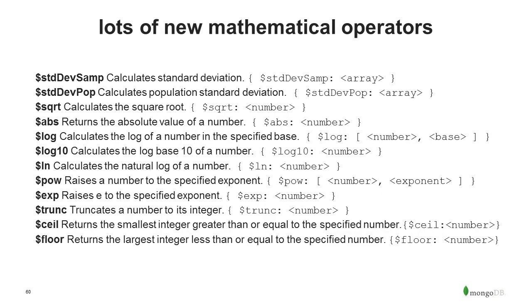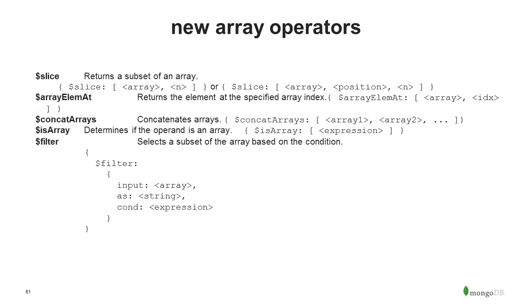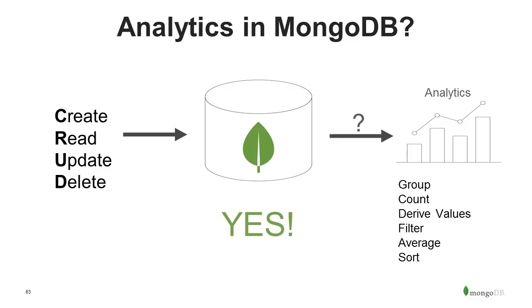Quickly here, there are tons of other operators to do different mathematical things in 3.2, as well as some more array operators. All this stuff is online in our wonderful MongoDB documentation, as I'm sure most of you are aware. And so I'll just wrap up, and then get to the questions. Can you do analytics? Absolutely, and really complicated ones.